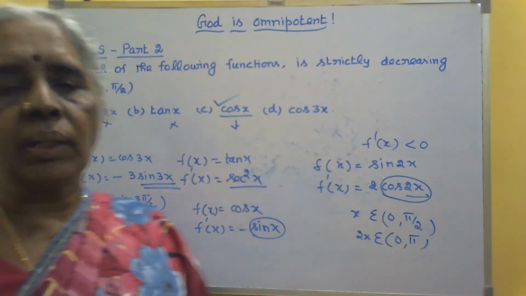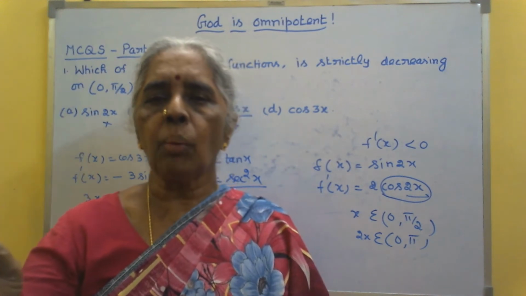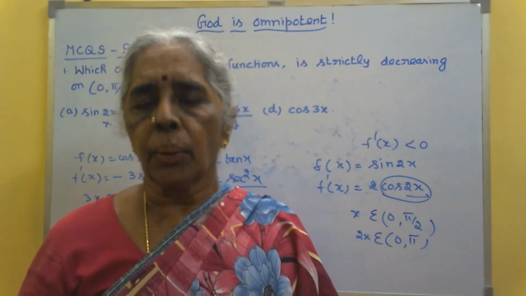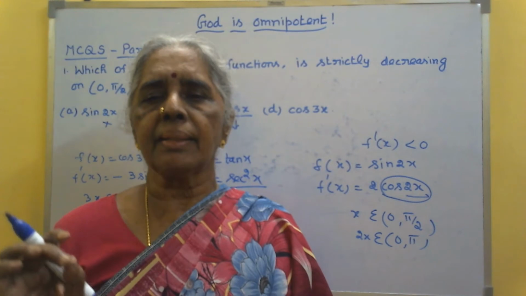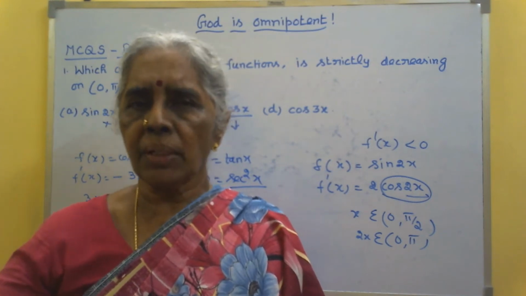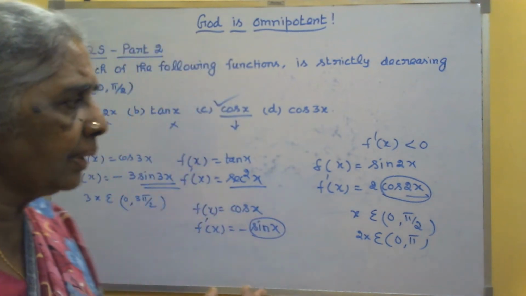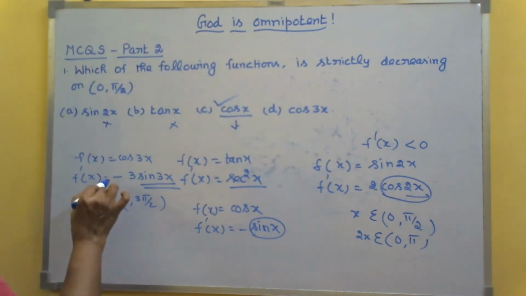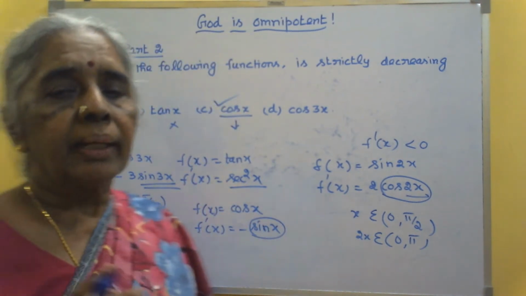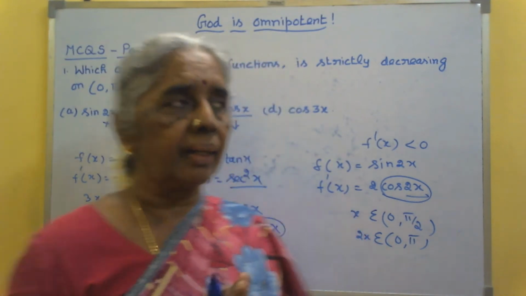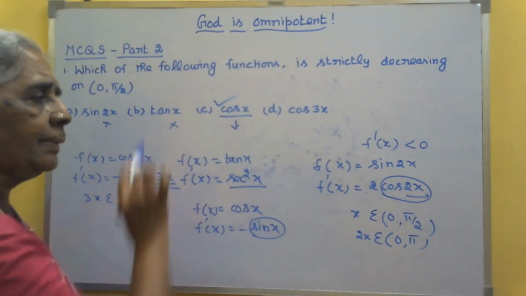So, it will cover the first, second and third quadrants. You know, sin theta is positive in the first and second quadrant, whereas in the third quadrant, it is negative. So, this also will be neither increasing nor decreasing. So, the correct option is C.